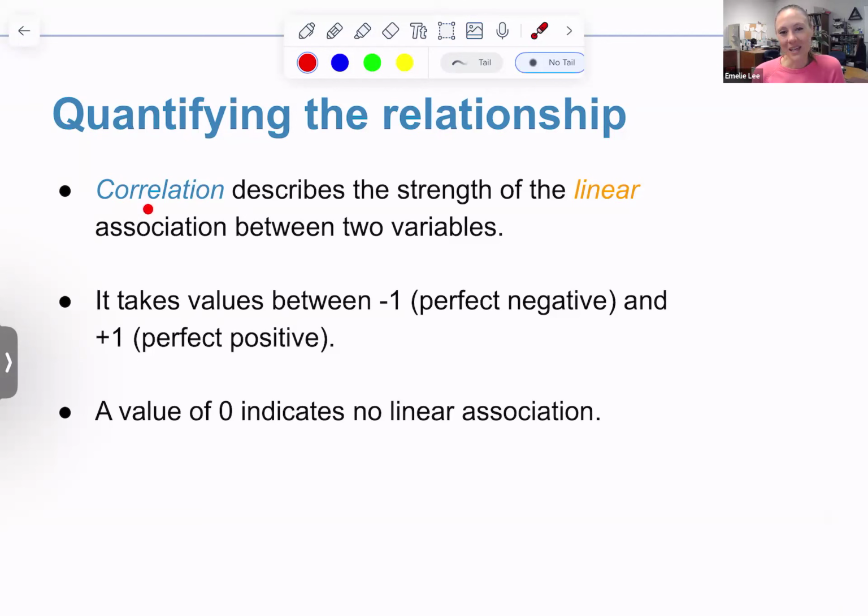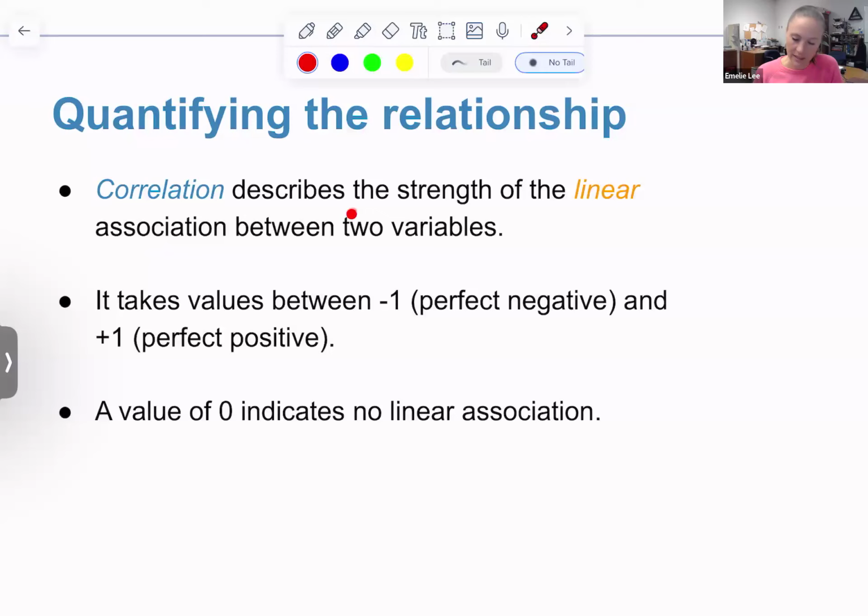Correlation is one of those terms that we use just in everyday speech, right? Oh, there's a correlation there. And what does that mean? A correlation means that there is some association or a relationship between two variables.